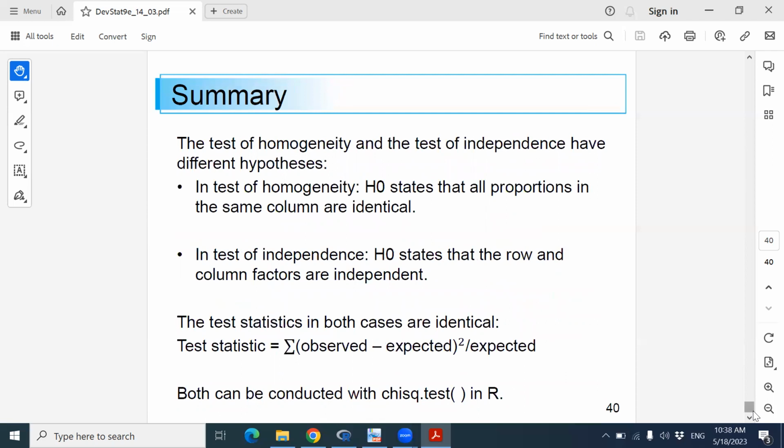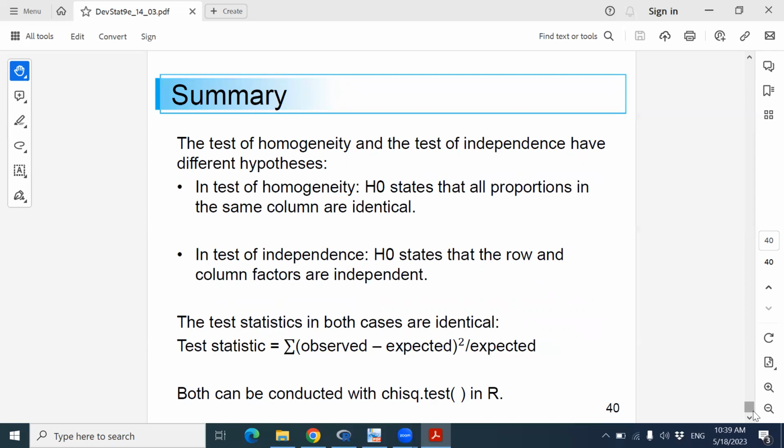So, summary for this entire chapter 4 content we learned so far, we considered two different tests in contingency tables. One is the test of homogeneity. The other one is the test of independence between the row and column factors. These two tests have the same test statistic, the same degrees of freedom, and also the same distribution for the test statistic. The only difference is the null hypothesis.